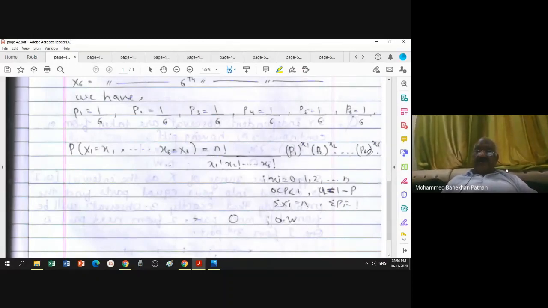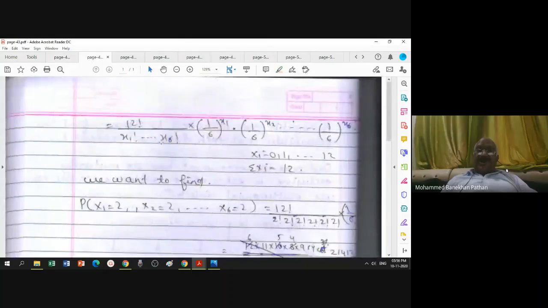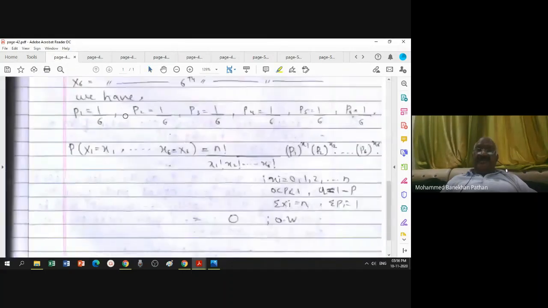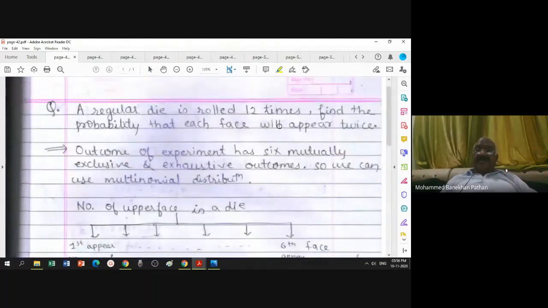So I'm going to apply this probability function to solve the question. What is the question asked? The question asks to find the probability that each face will appear twice. That means you get 1 dot 2 times, 2 dot 2 times, 3 dots 2 times, 4 dots 2 times, like that.